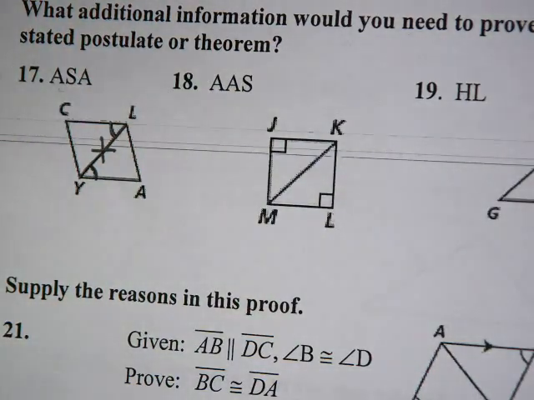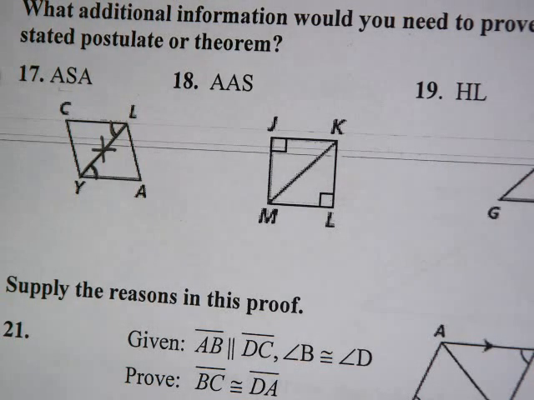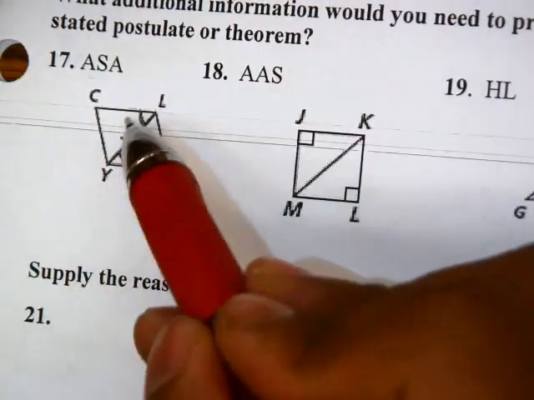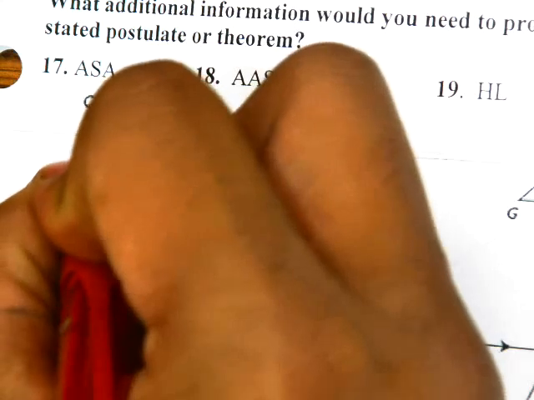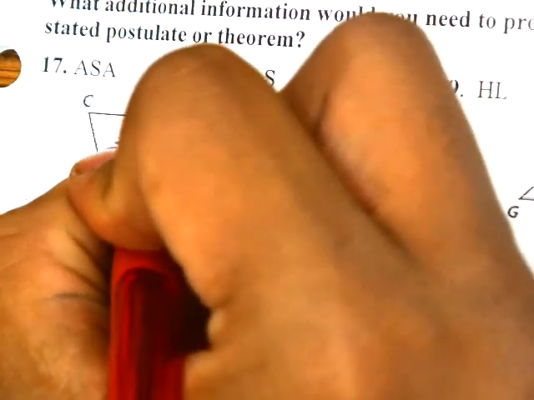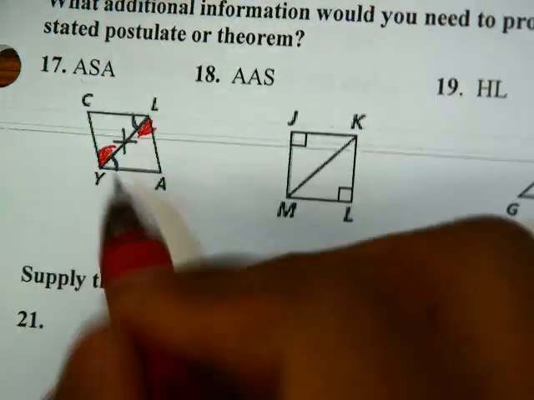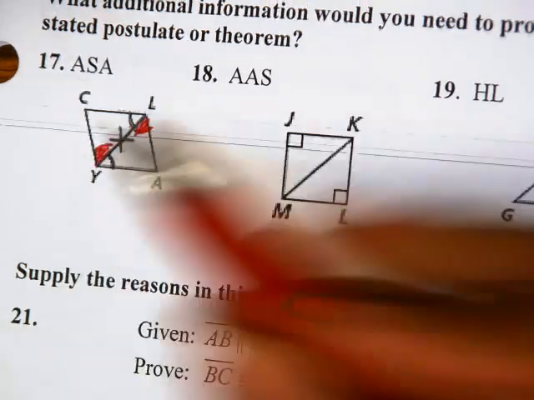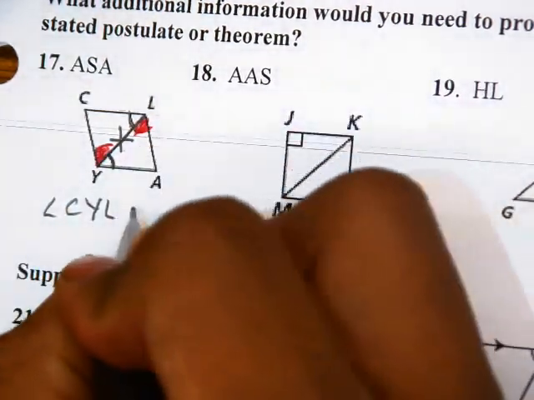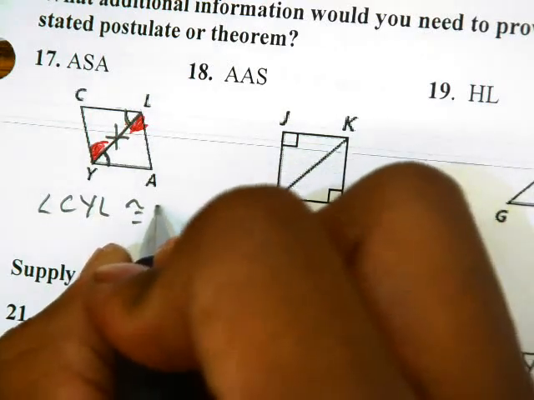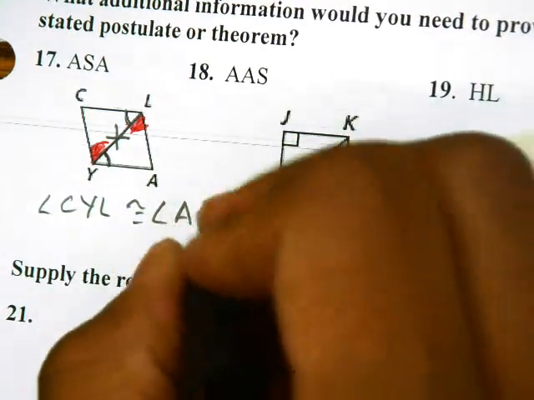So I have one pair of angles and a pair of sides. I'm missing another pair of angles. I can't just pick whatever angles I want. I really need them to form ASA. So I need the angles to be here and here. That will get me angle side angle. So I need angle CYL to be congruent to angle ALY.